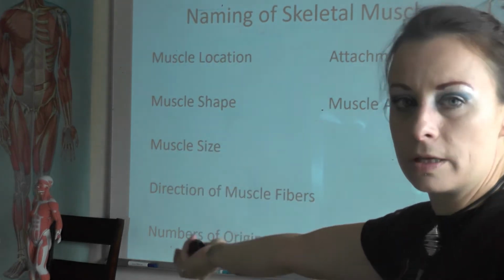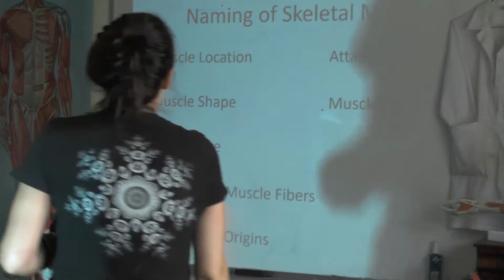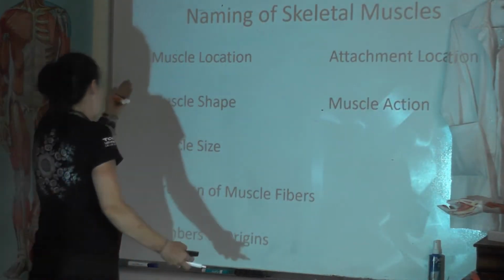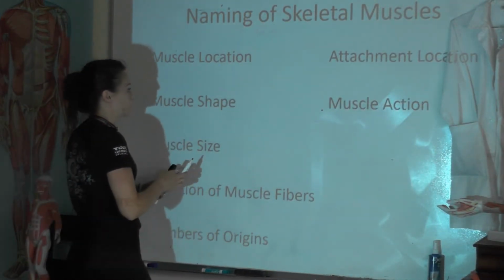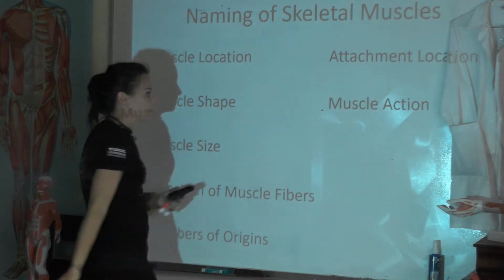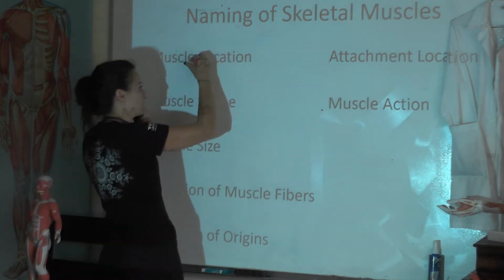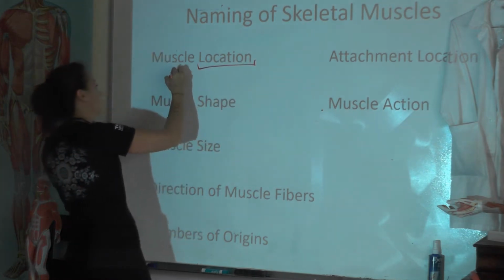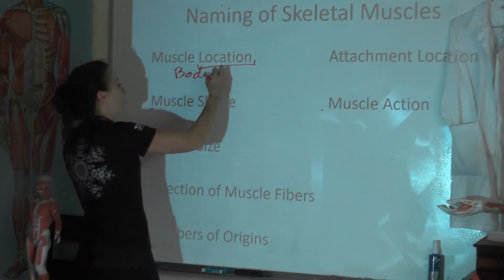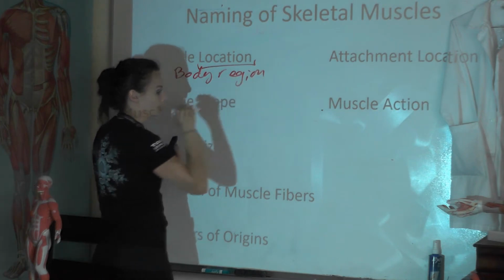So let's talk about all these rules. And the first is we can name them based on muscle location. So, well, attachment, that's a location. How is that different? Because this is specifically talking about body regions. So the body region that we find a particular muscle in.